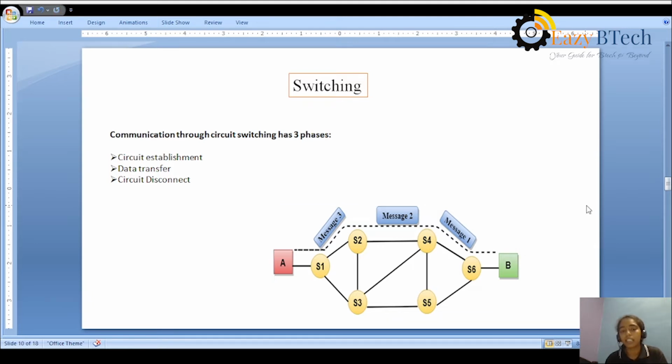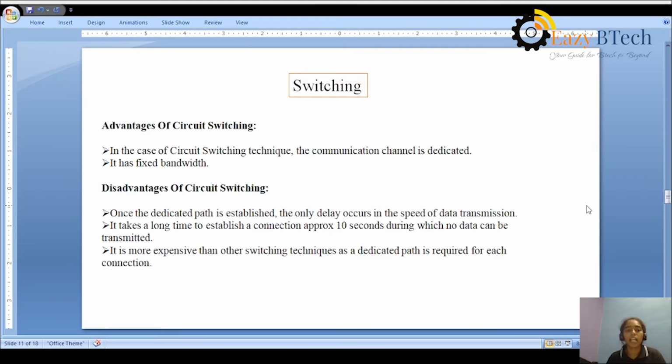Next, the advantages of circuit switching. In circuit switching, the communication channel is dedicated, nothing but fixed. Dedicated means fixed. By using that fixed channel, we can transfer our data or pass our message from source to destination.